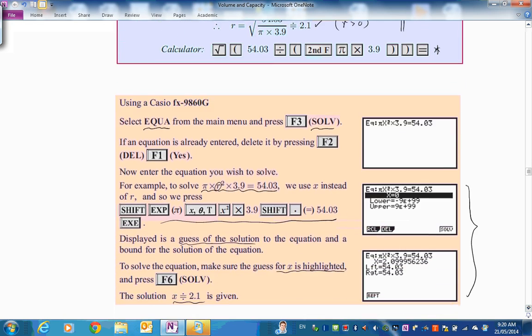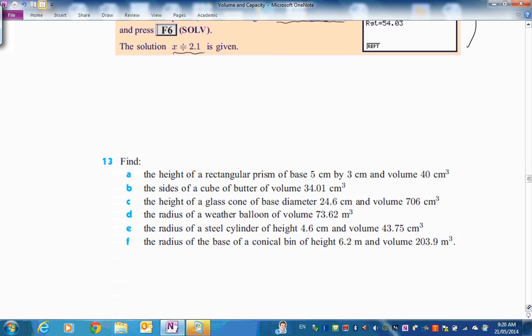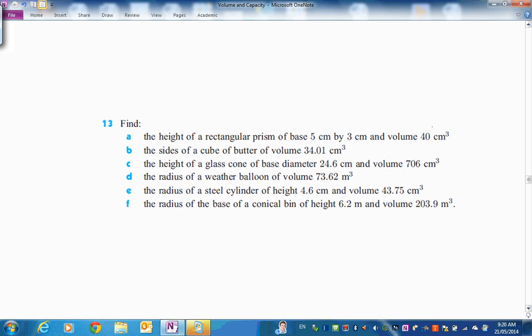Let's have a look at some problems where you do have to rearrange them. In other words, you're given the volume and some of the dimensions and you've got to go backwards and find the rest. Okay, let's just look at that first one. Uniform rectangular prism, area cross section times the height. Now we know the volume here is 40, area of cross section will be 5 by 3 by the height.